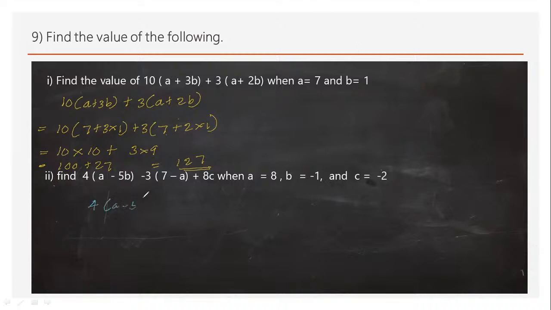4a minus 5b minus 3 times 7 minus a, plus 8c. Now substitute the values here. 4 times, a is here 8. We can use the square bracket here.